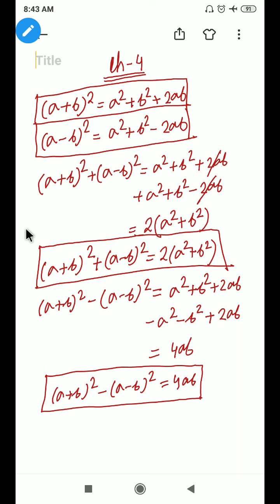Now go to the exercise problem. Exercise 4a.